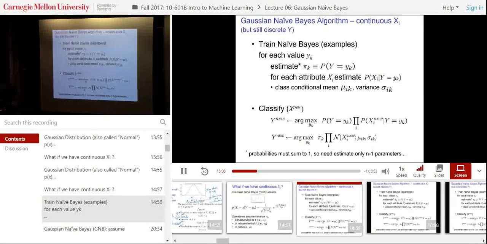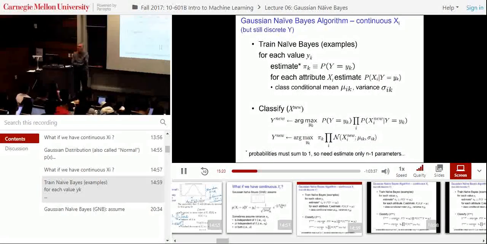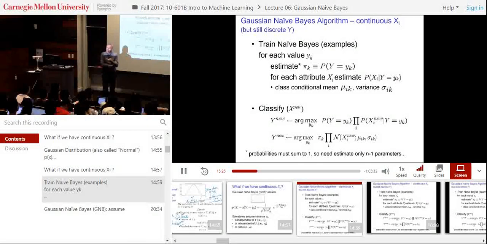Let's see what that looks like then. Here's the naive Bayes algorithm. It looks just like the naive Bayes algorithm from before, except whereas before we were estimating this theta parameter, which told us the probability that x would be 1 or 0, now we have to estimate the mean and the variance, mu and sigma, of the Gaussians.